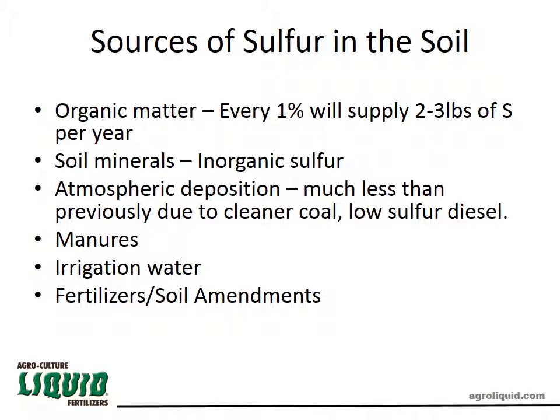But there still is a significant amount that's deposited across many of the acres that we farm here in the United States. We also get several pounds of sulfur in manure, irrigation water, and then of course your fertilizers and soil amendments.